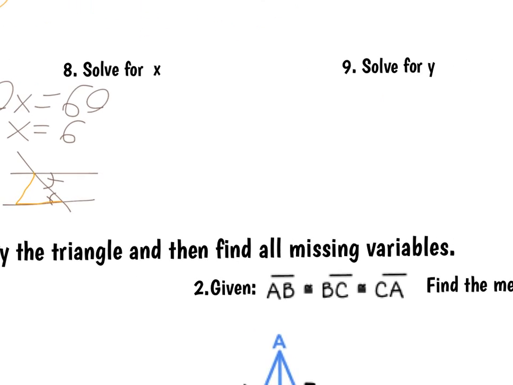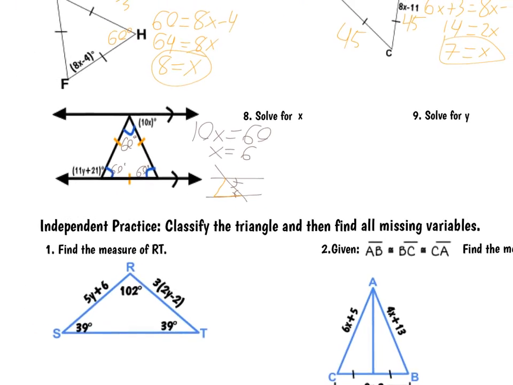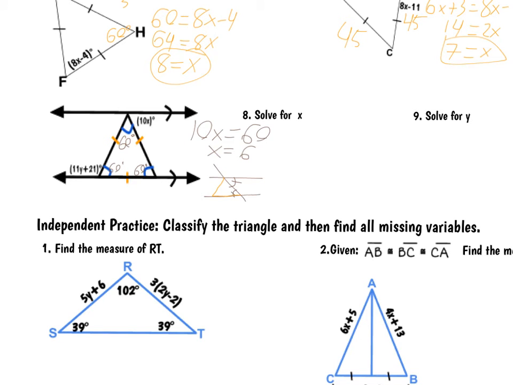We then need to find out what our y value is going to be. Well, based on our linear pairs, 11y plus 21, this exterior angle, plus this interior angle form a linear pair, which means they must equal 180.